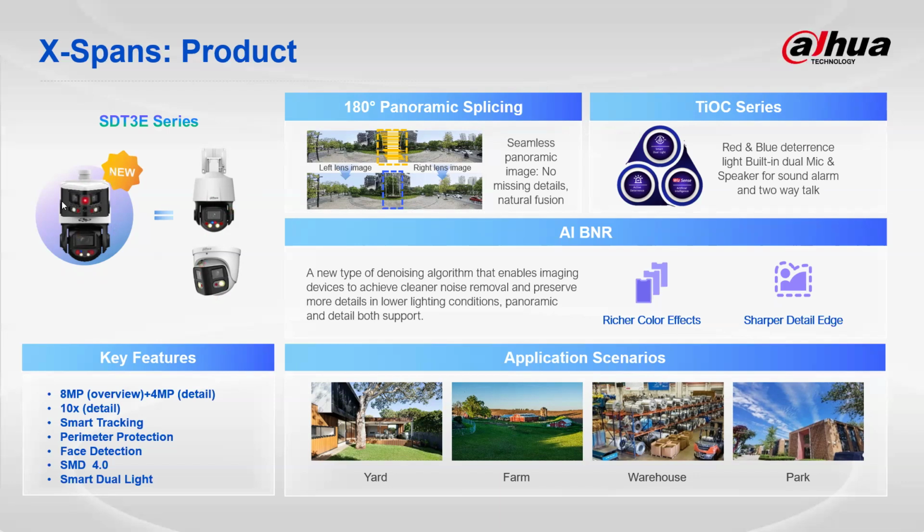This dual lens is for what we call the panoramic image display based on the splicing ability of the device. And then again, we have this PT or PTZ function at the bottom here, that can do tracking of the objects captured by this panoramic image.